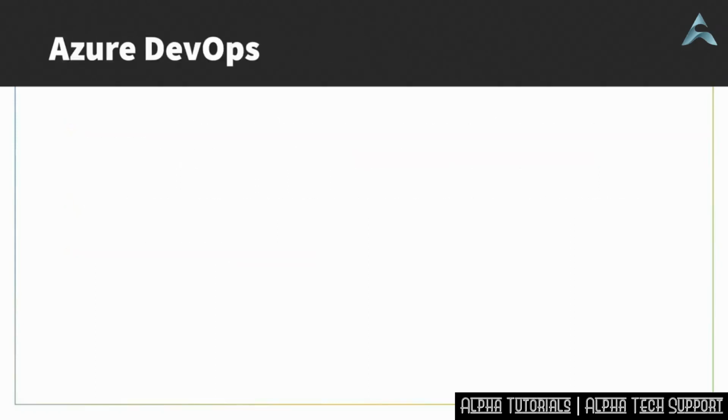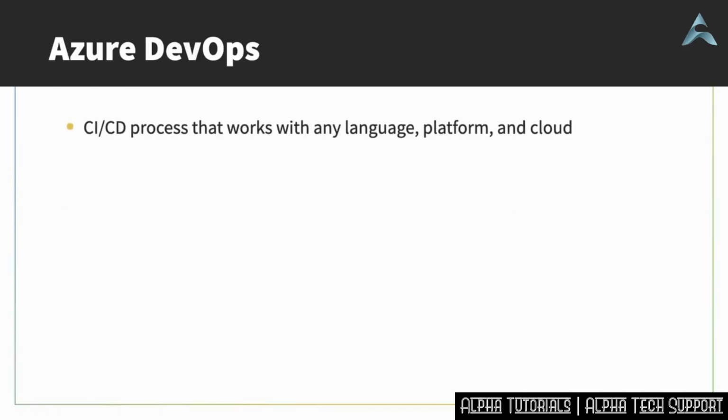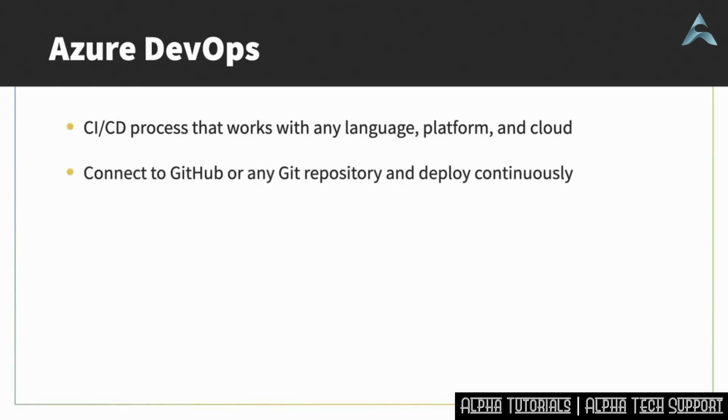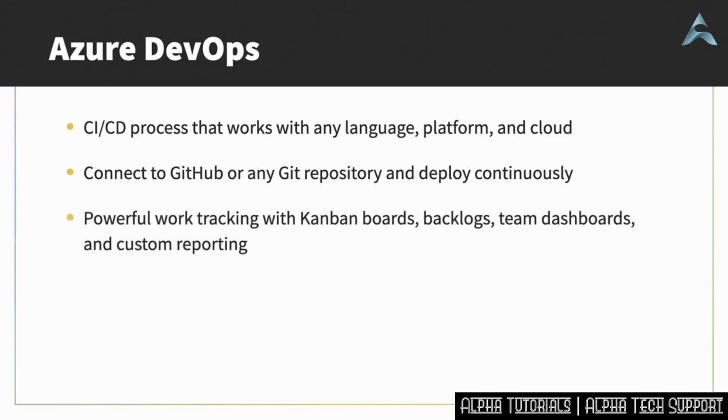So talking about DevOps, with Azure DevOps we can have what we call continuous integration and continuous deployment processes. We can work with any language platform and deploy it to the Azure App Service, and of course, to other components. So basically with Azure DevOps, I can automate the deployment of my web applications, from the part where I'm building them and putting my code in a repository up to the point where I need to test those applications, making sure they are secure.